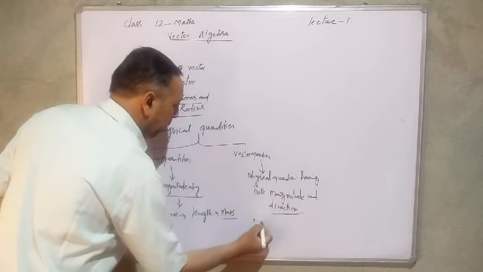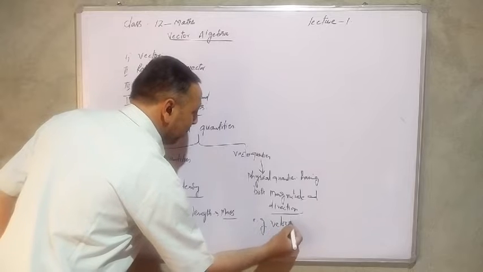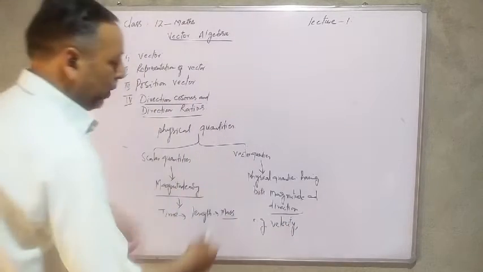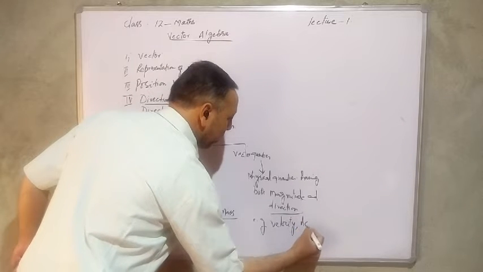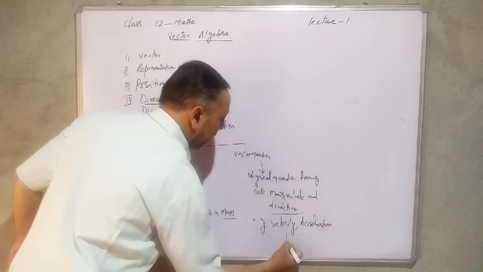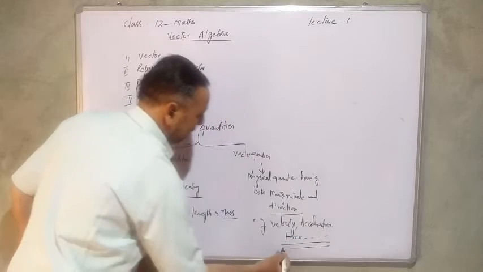For example, if I take velocity, velocity is a vector quantity. It has both magnitude and direction. If I take acceleration, if I take force, and so on, these are all vector quantities.